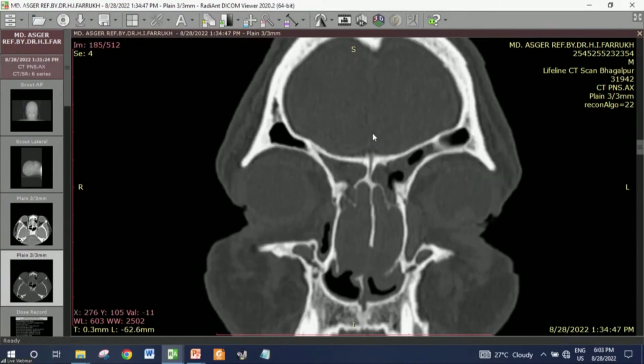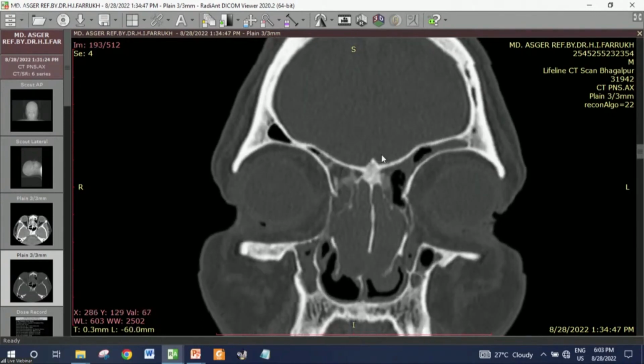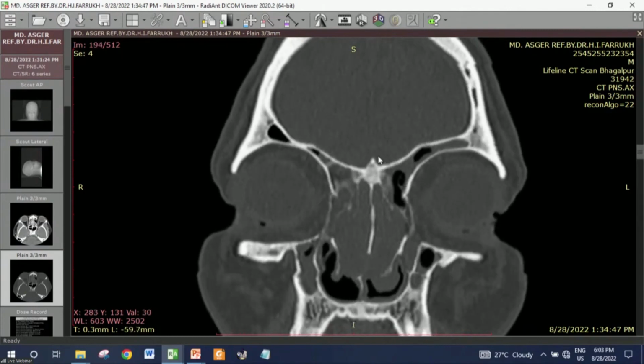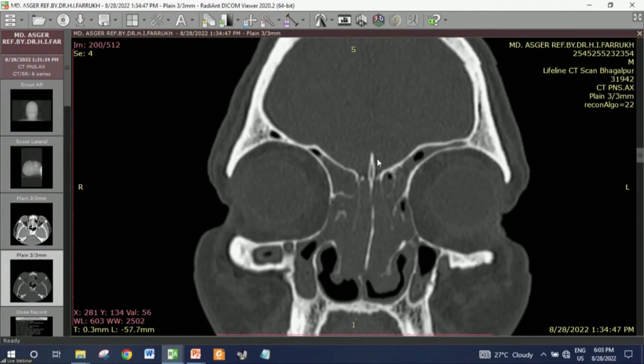And this case, which we are going to show you, is going to complete one of the most difficult situations, I would say, and an interesting variety for everybody. Now, let me play this CT scan and show you what exactly this is.